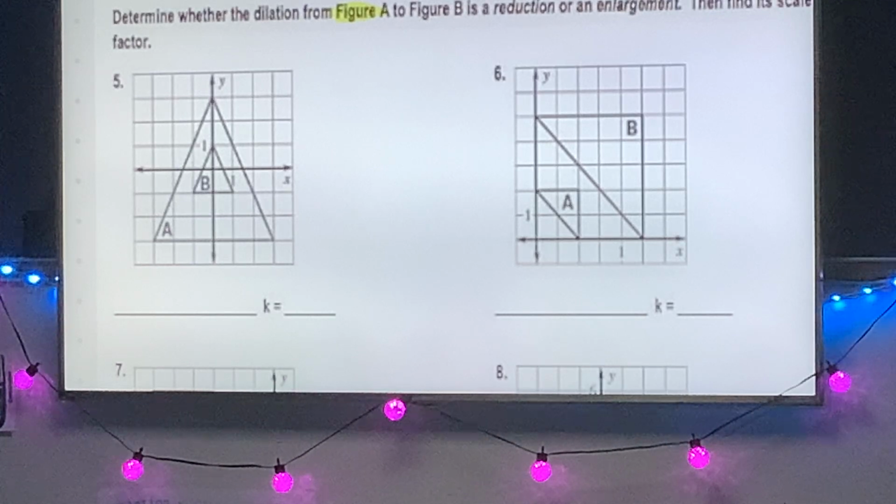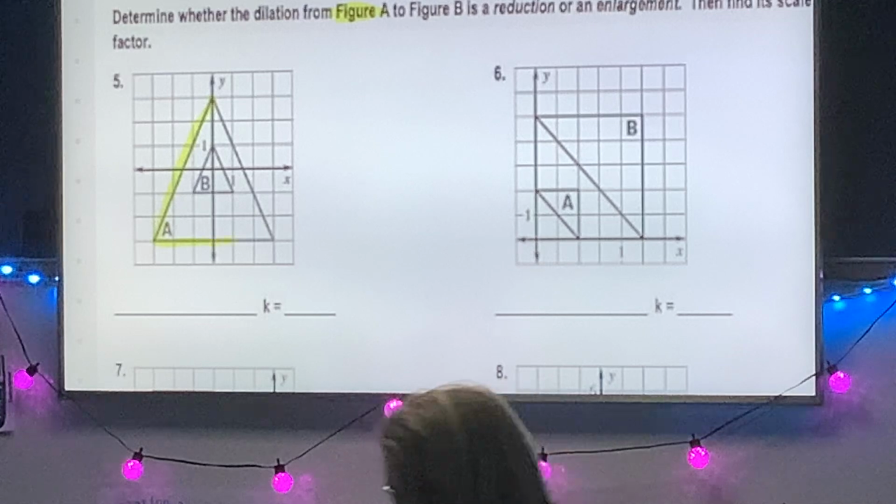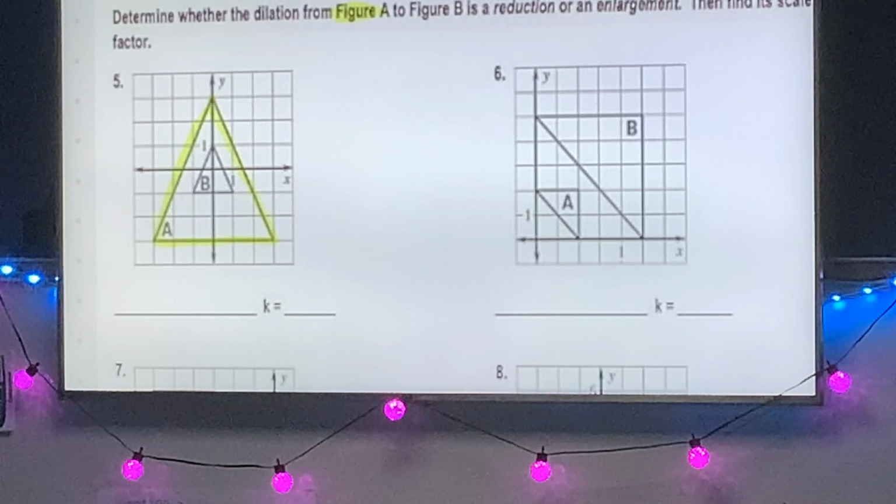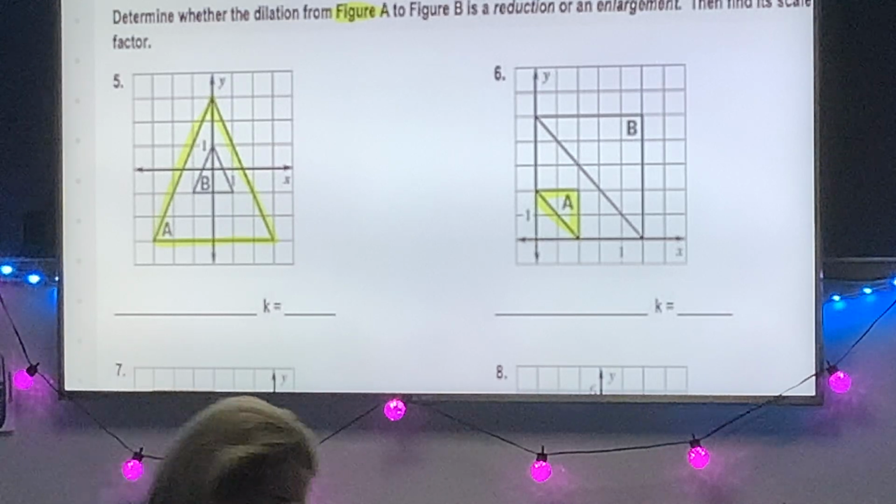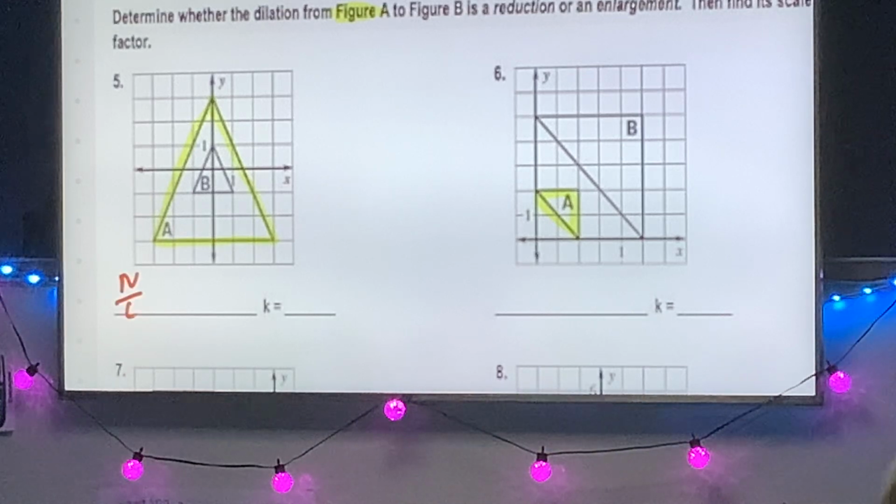Okay, which is my original? The big or small? The big. The big, because A is my original. It tells you that. So you could go ahead and go, woo, woo, all my originals. You shouldn't be waiting on me to do this. You should have already done it. New over original.